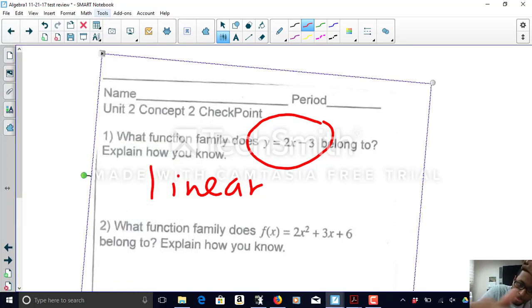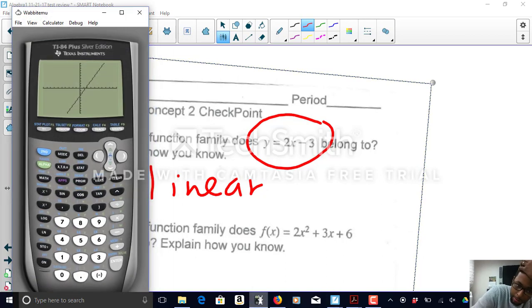Okay? Second one. What function is this one? So, again, I'm going to go back to the graph. Press y equals. I'm going to type in 2x squared plus 3x plus 6. I'm going to press graph.